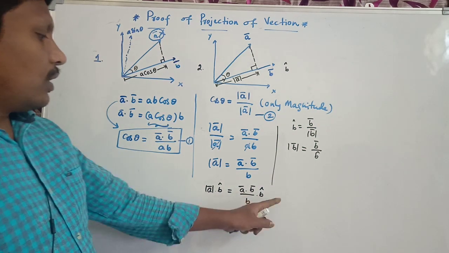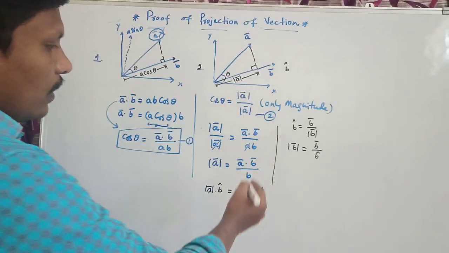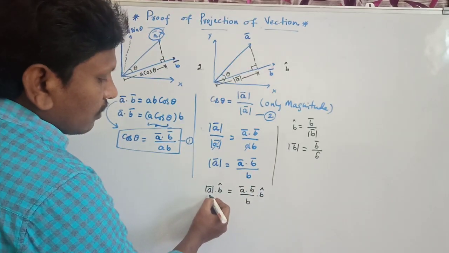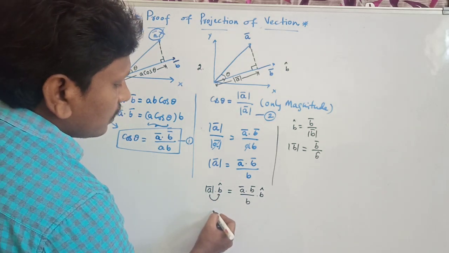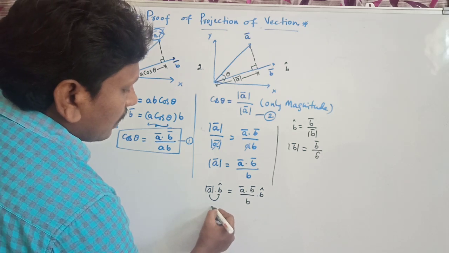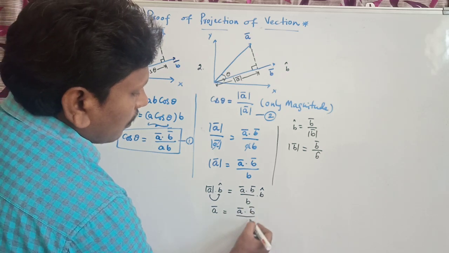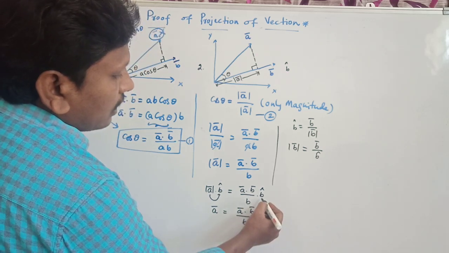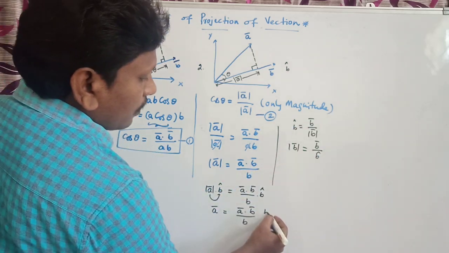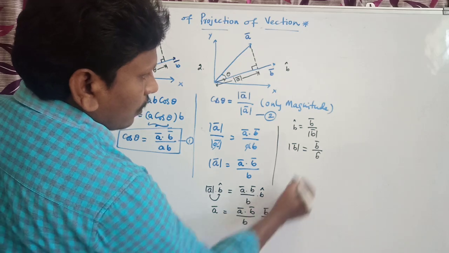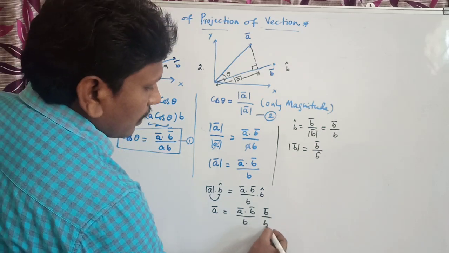A scalar quantity multiplied by the unit vector gives a vector. This is a bar dot b bar by b, and this is b cap. And b cap is nothing but b bar by b.